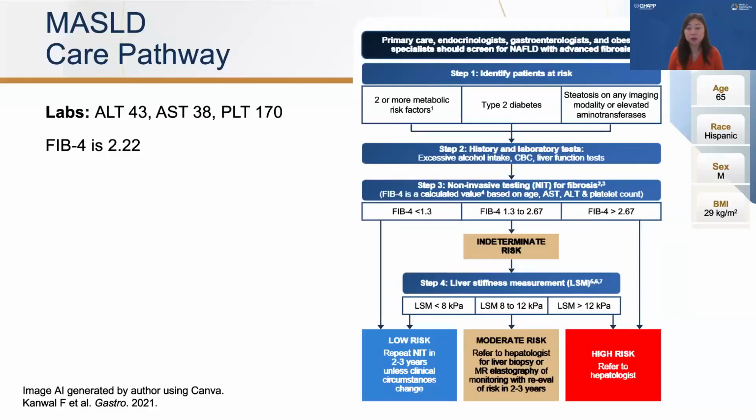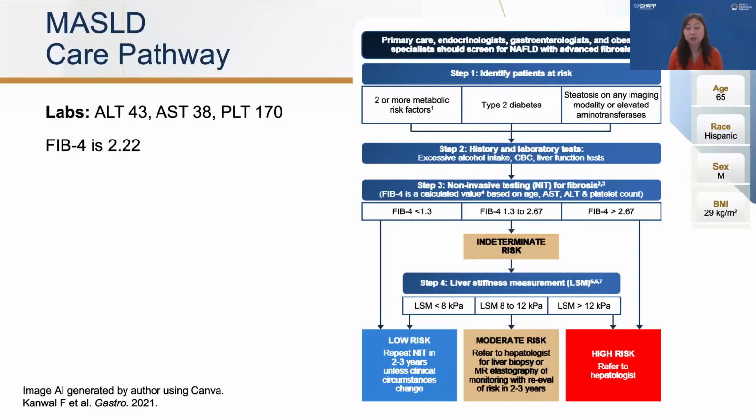If you look here at the algorithm on the right-hand side, this is a flow sheet that you can use, especially if you're in primary care, an endocrinologist, or an obesity specialist. You first want to identify your patients who are at risk for MASH.